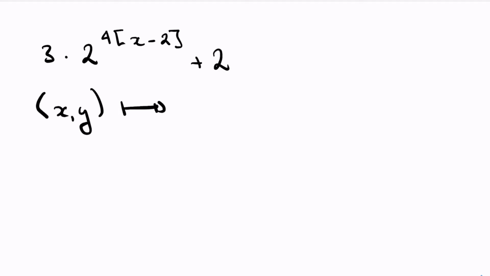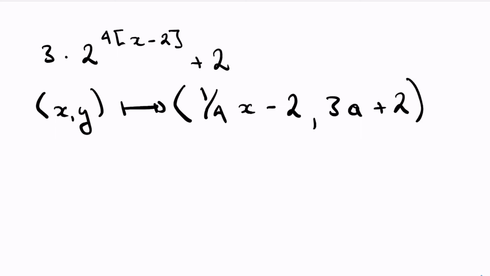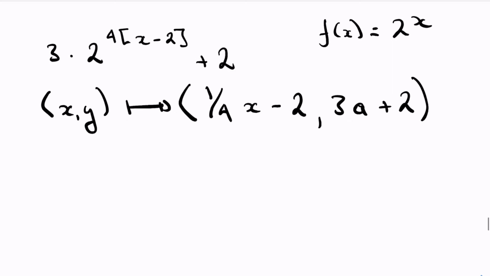Okay, so if you recall, it's going to be 1 over b, which is in this case 4, x minus 2, which is our h value, and then we have 3a plus 2. And we're going to use the points for the base graph f of x equals 2 to the exponent x. So I'm not going to do too many points.